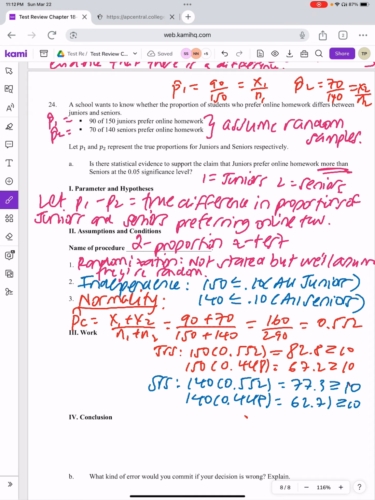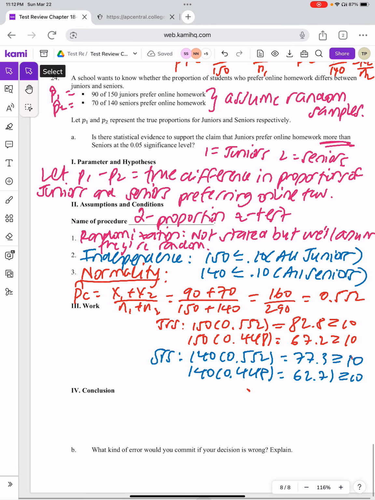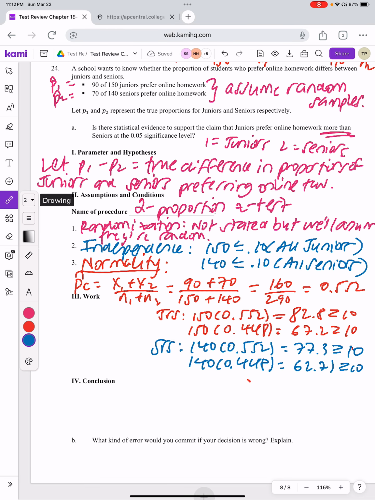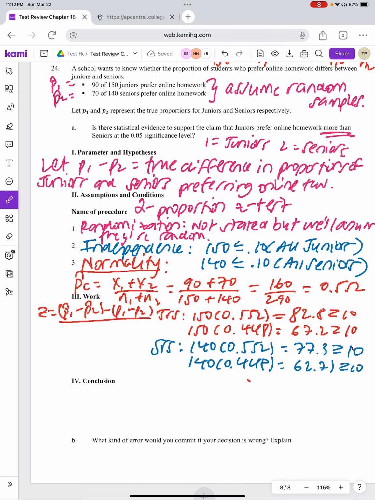Alright, so for the work, we need to find the z-score. So the easy thing to do is just use your calculator and do a 2-prop z-test. But we'll do it the good old-fashioned way. So the formula is z equals p hat 1 minus p hat 2 minus p1 minus p2, all over square root of p hat c times 1 minus p hat c times 1 over n1 plus 1 over n2.